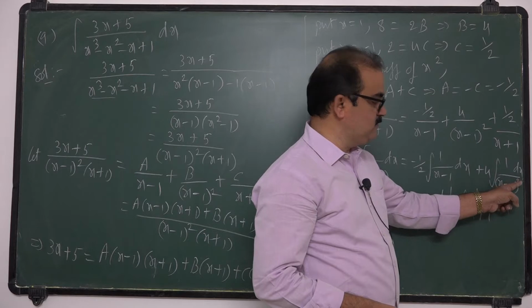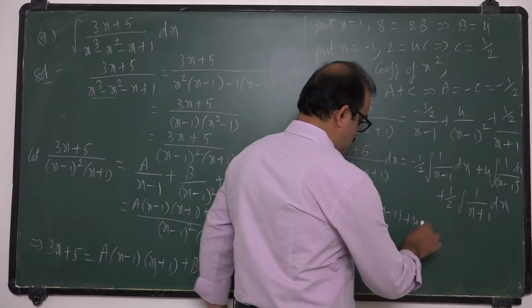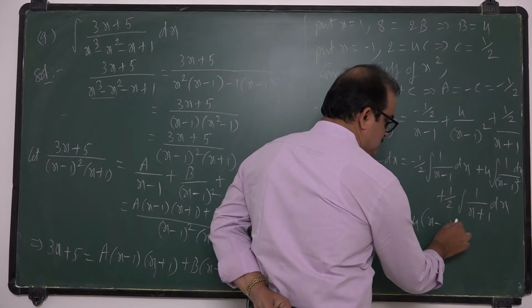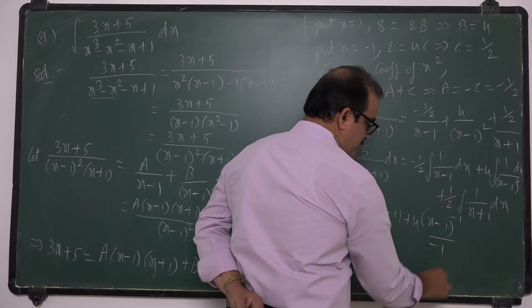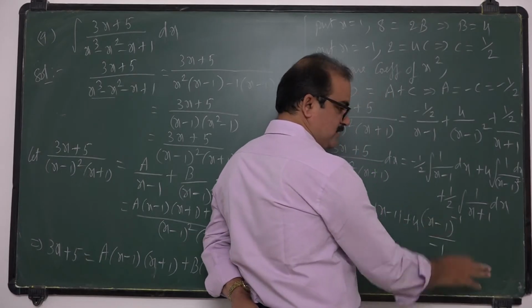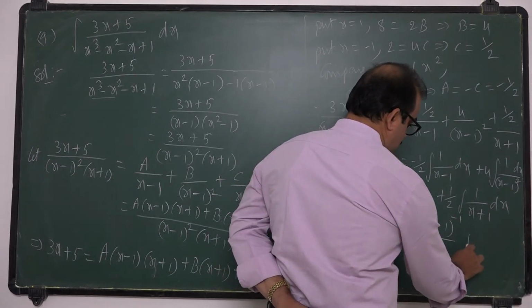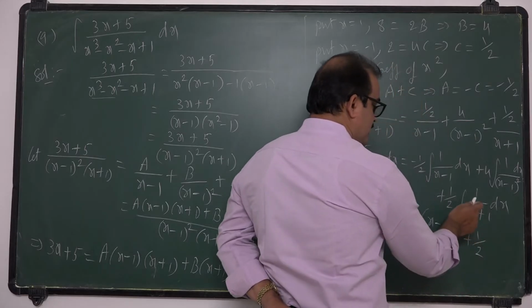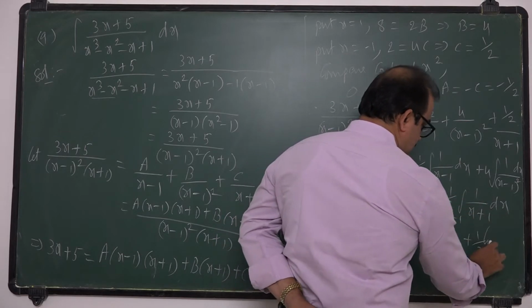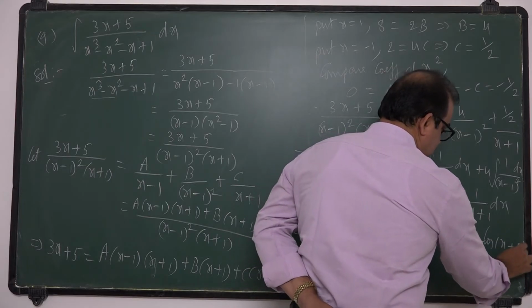What is the n value? Minus 2. So we get x minus 1 whole power minus 2 plus 1, by minus 1, by derivative of x minus 1, that is 1. Then 1 by 2 into, it is also in the form of integral 1 by x dx, log mod x plus 1.